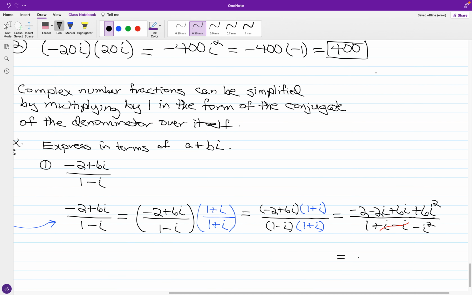Okay, so you've got negative 2. Negative 2i plus 6i is going to make 4i. And you've got 6i squared, so we have 6 times negative 1. For 1 minus i squared, we have 1 minus negative 1.